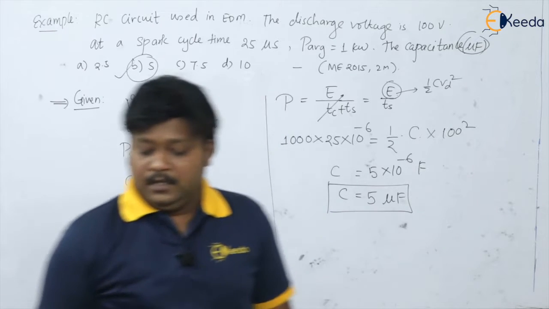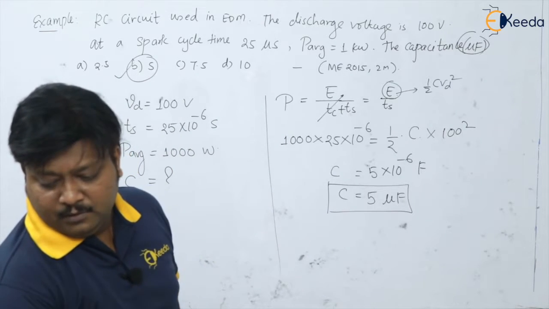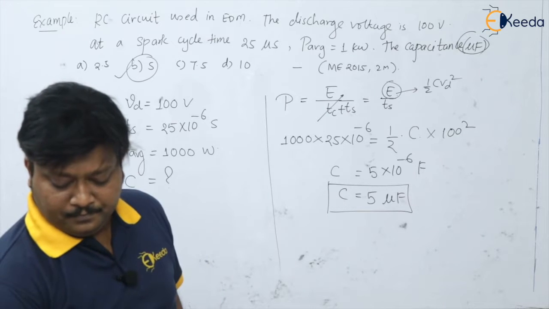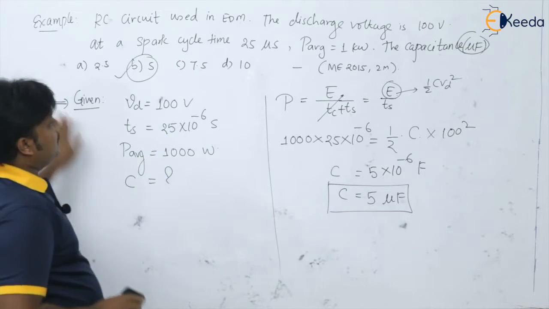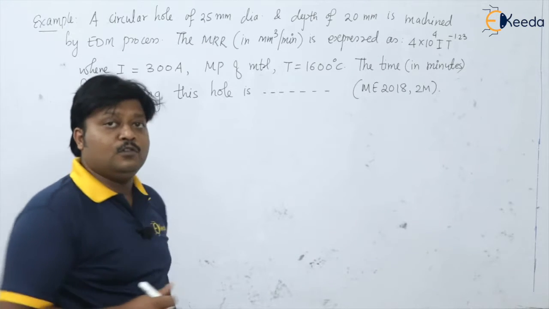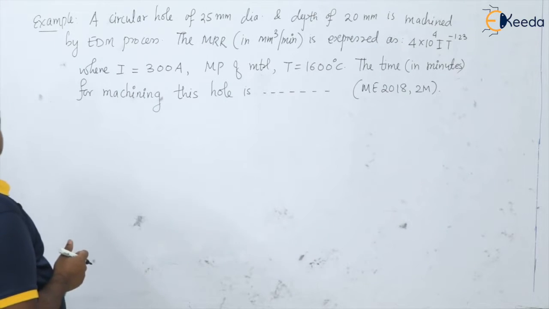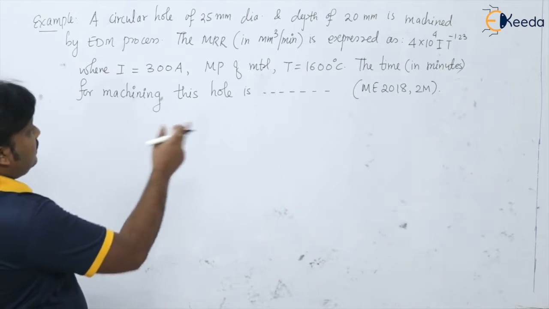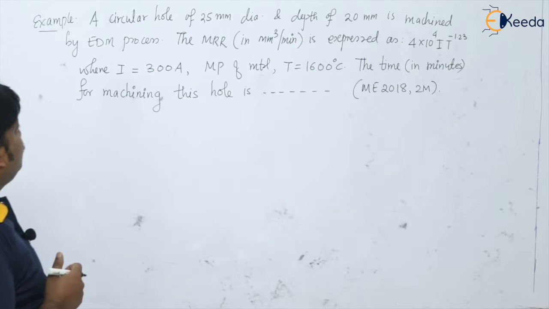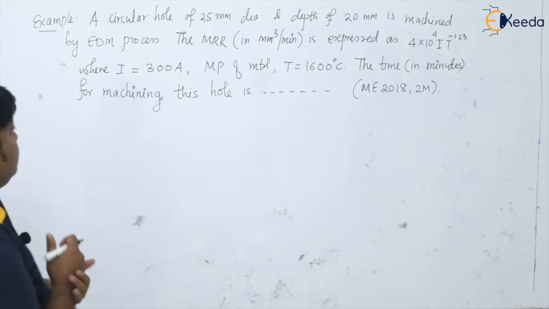Okay, very simple. Again we will take one more example. See this very easy GATE question. So see here students, the next example we have taken for this EDM. This question was asked in ME 2018 for 2 marks. Let us see what is given.